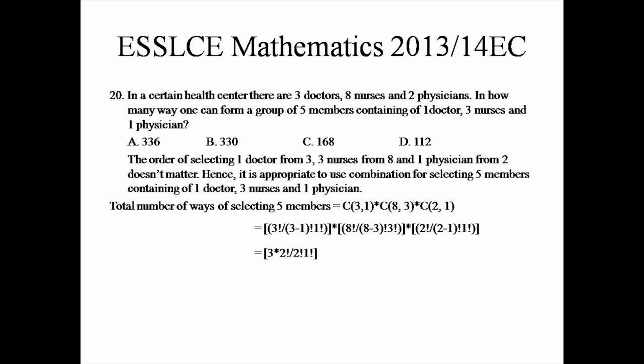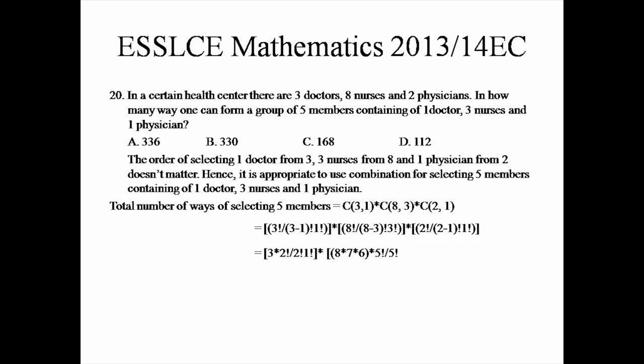8 factorial can be rewritten as 8 times 7 times 6 times 5 factorial. Again, we leave 5 factorial as it is because we have in the denominator 5 factorial, that is 8 minus 3 factorial. Then 5 factorial will cross out by 5 factorial.